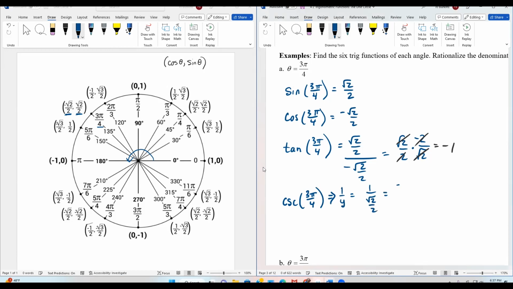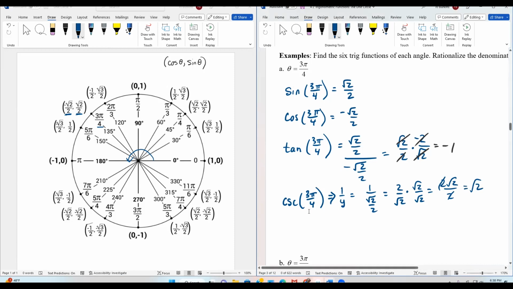And that gives me 2 over root 2, which I don't like. So I need to multiply by root 2 over 2 to rationalize. Root 2 times root 2 is 2. All right, we've done this so many times now. This just becomes root 2.